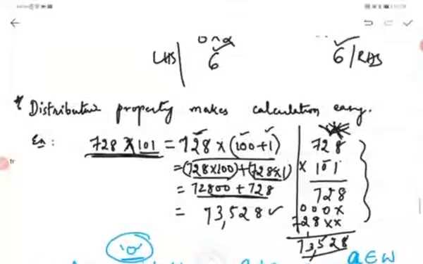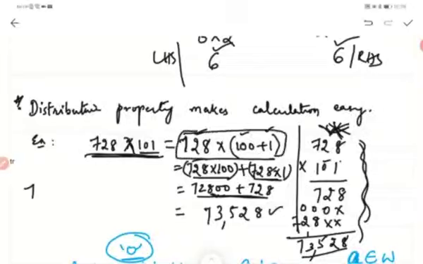Instead of a long, lengthy multiplication, by using the distributive property you can simplify in very little time. 72800 plus 728 gives 73528.